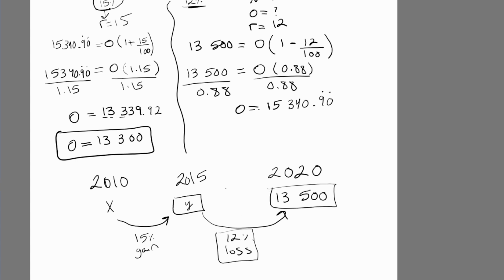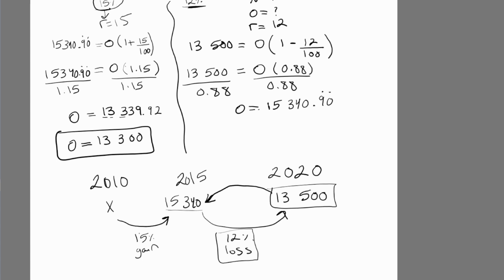And through it, we were able to find the price he paid for it in 2015, which was around 15,340. So now we knew the amount of money he paid for it right here. And then knowing the amount of money that he paid for it, we know the amount of money that Sarah sold it for in 2015.